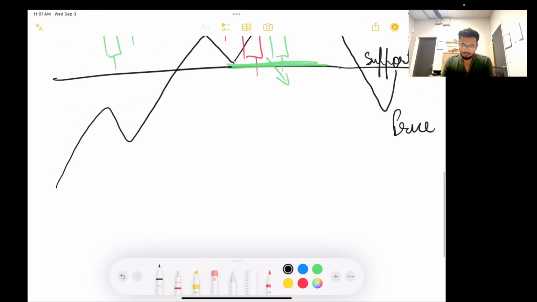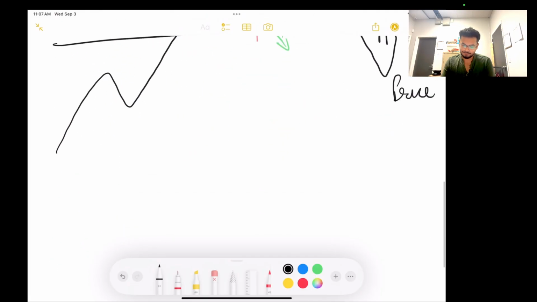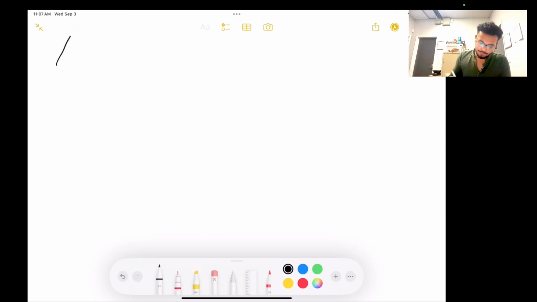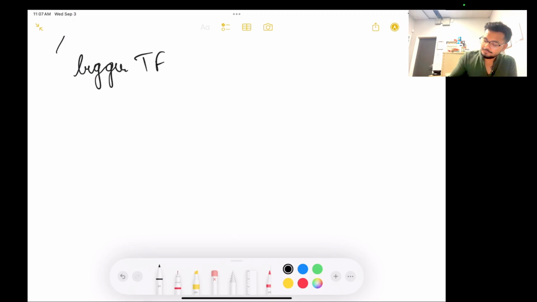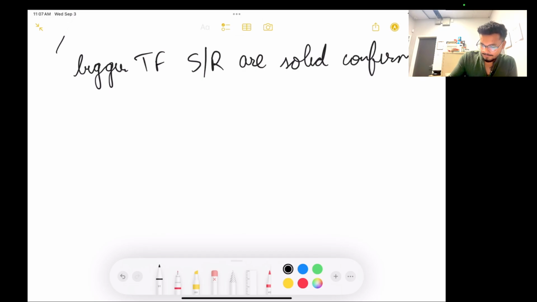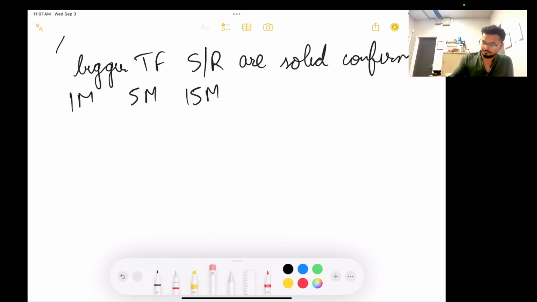Now let's move on to some advanced stuff. Before we move into some advanced stuff, remember, bigger time frame support and resistance are solid confirmations, and as you move down to smaller time frames, let's say 5 minutes, 15 minutes, 1 minute, these are weaker time zones, weaker confirmation.